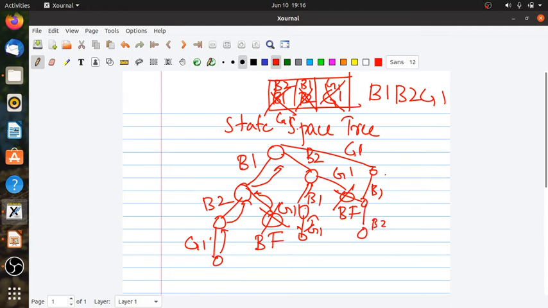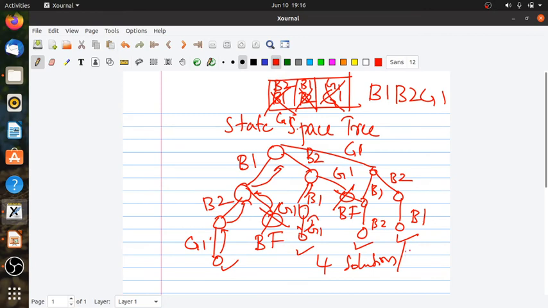This is one case. Then the other case is B2 and B1. So this is how the state space diagram is drawn for this backtracking approach, and this is how we find a solution. This is one solution, this is another solution, this one is another, this one. These are the 4 solutions for this backtracking problem.